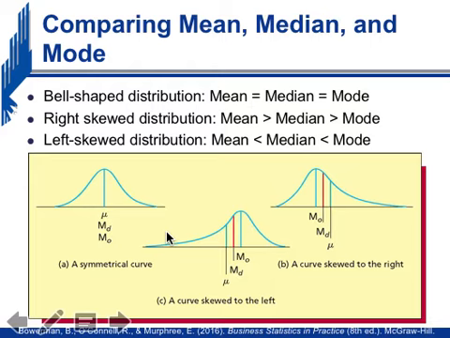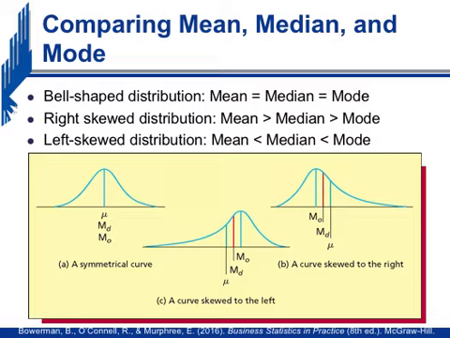So here is a summary of the three. So again, the skewness coefficient can help us describe the skewness or the shape of the data set without looking at the graph.